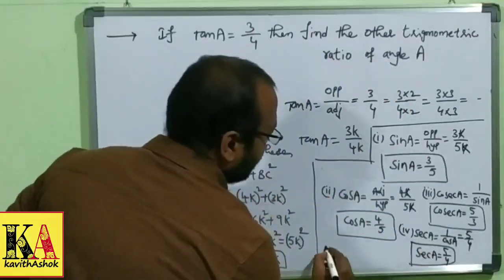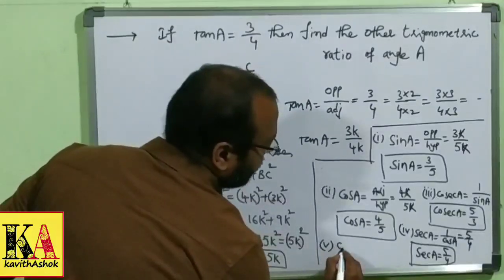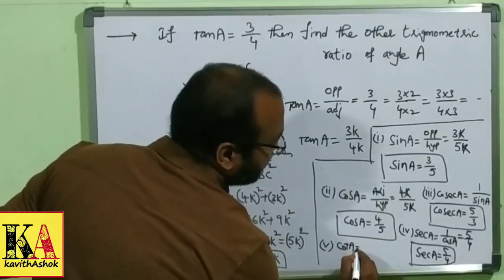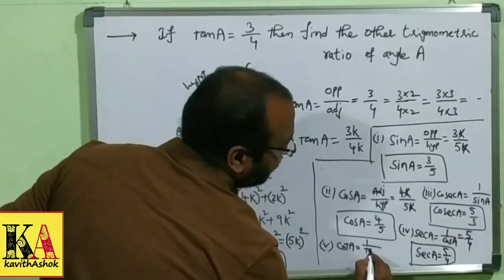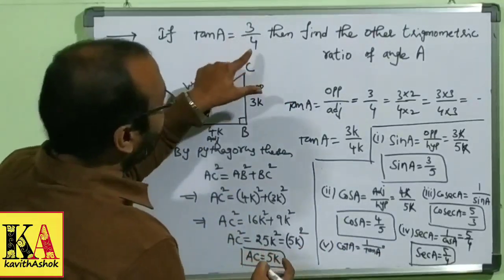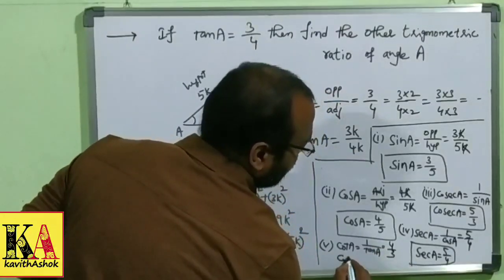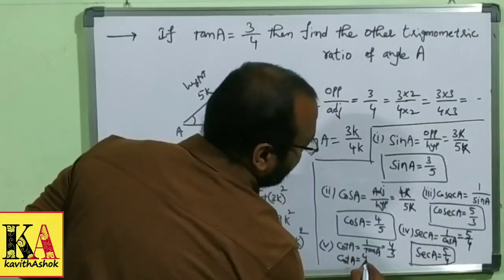The last value, the fifth trigonometric ratio, is cot A. Cot is a multiplicative inverse of tan, that's why 1 by tan A. Tan A value is already given, 3 by 4. Its reverse is 4 by 3. So cot A is equal to 4 by 3.